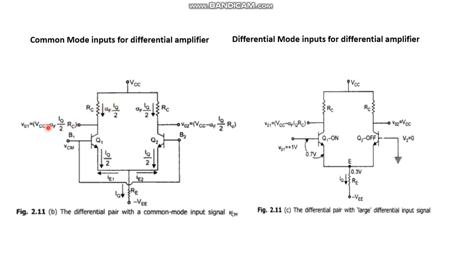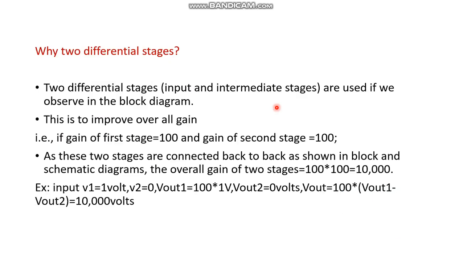So VCC minus alpha IQ by 2 into RC appears at VO1, and VO2 is similar to this. So these two are the same. Okay, we'll get something like this. So VCC and VEE are the supply voltages to this differential amplifier. Actually, this is stage 1 that we discussed here.